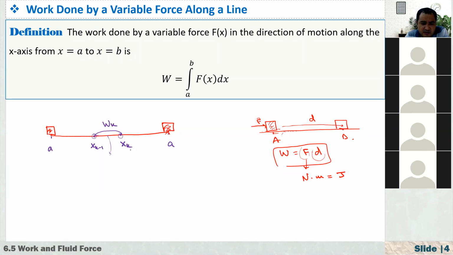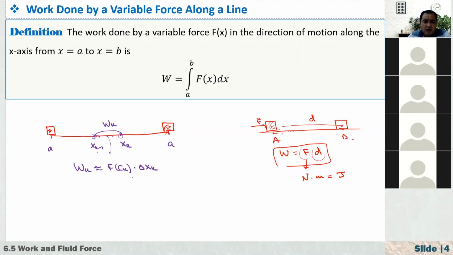Let me denote it by W sub k, the work done to push this ice cube from x sub k minus 1 to x sub k. It is approximately equal to, picking any point, since the force here is different, here different, I'm just approximating, F of c sub k times the distance. We move from x sub k minus 1 to x sub k, which is x sub k minus x sub k minus 1, equal to delta x sub k.